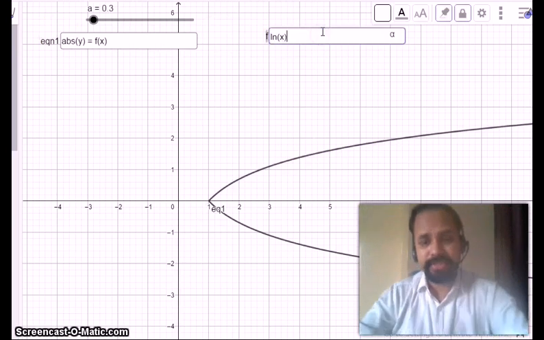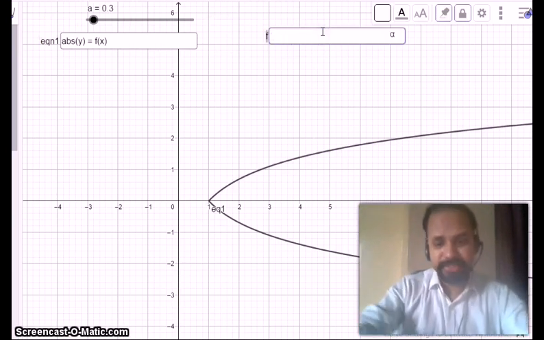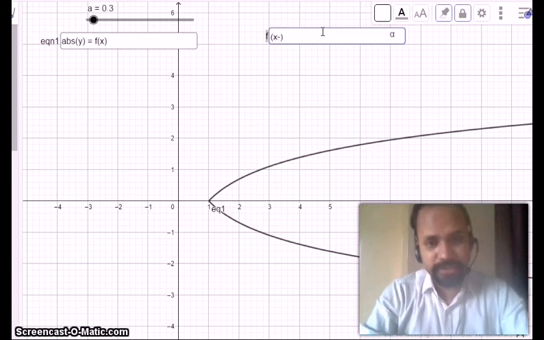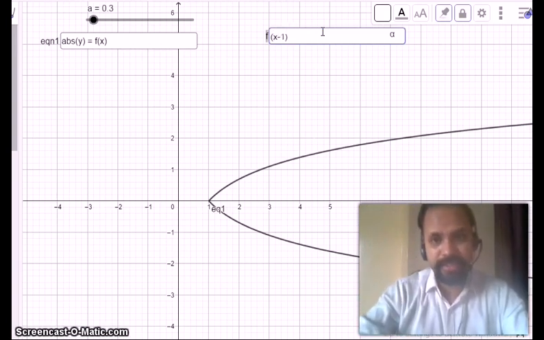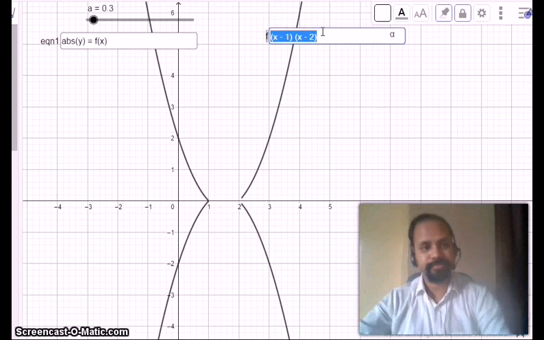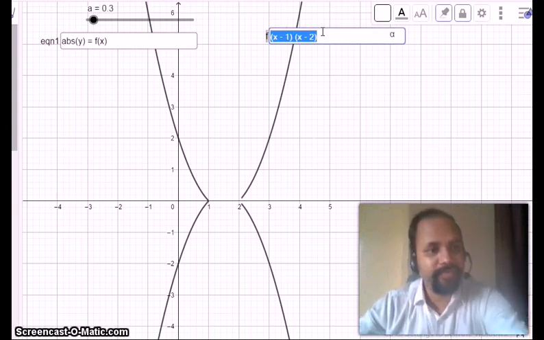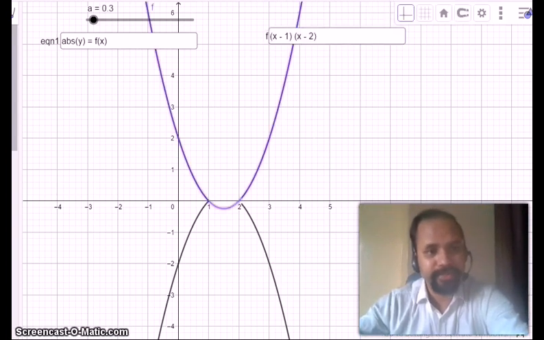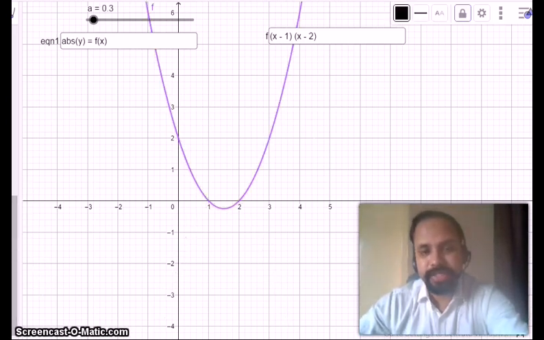If we consider any other function, let us consider (x minus 1) into (x minus 2). This is the graph of (x minus 1)(x minus 2).